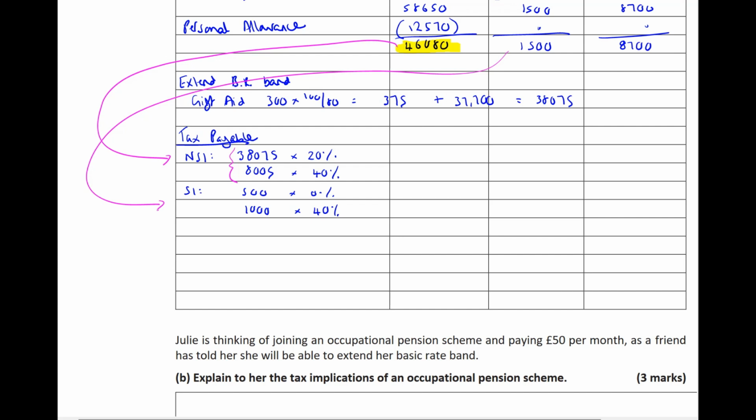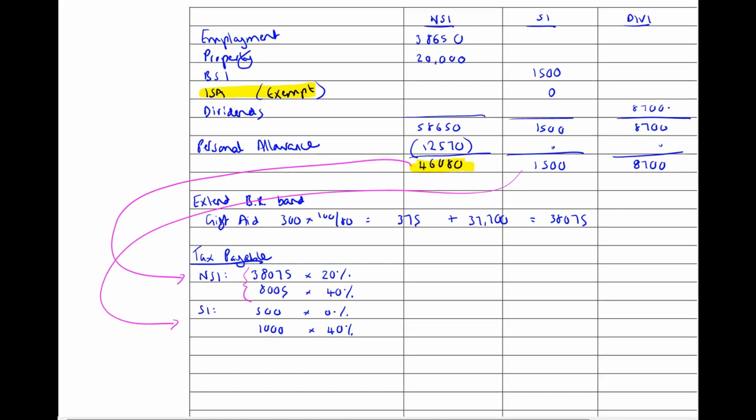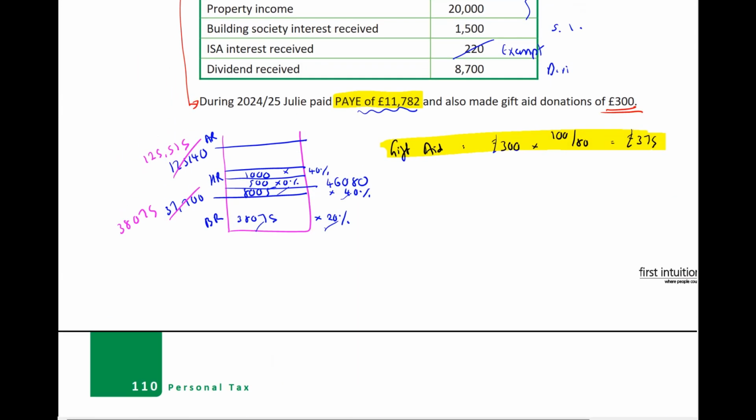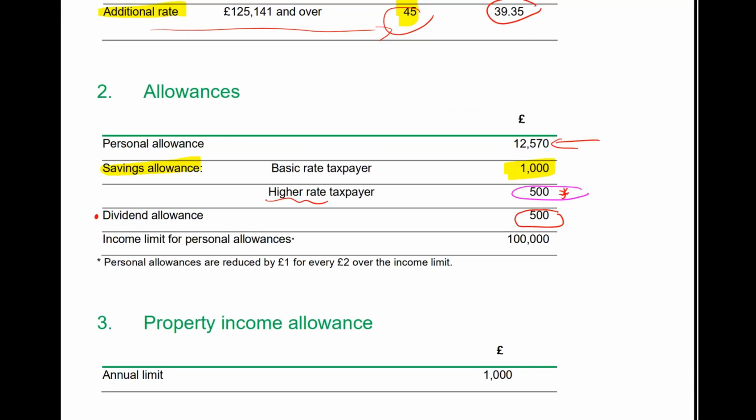And then for the final part, the dividend, everybody, irrespective of what they earn, gets a dividend allowance. So the dividend allowance for this particular tax year is £500.